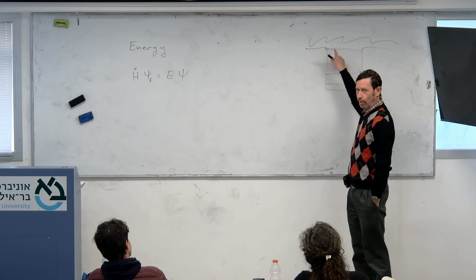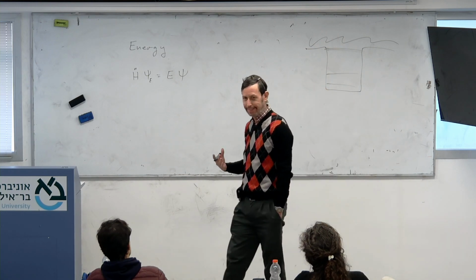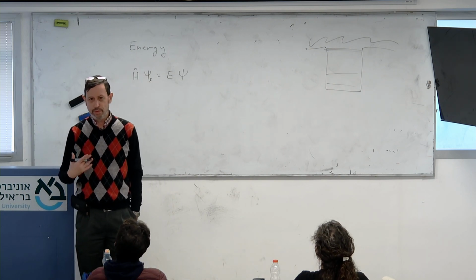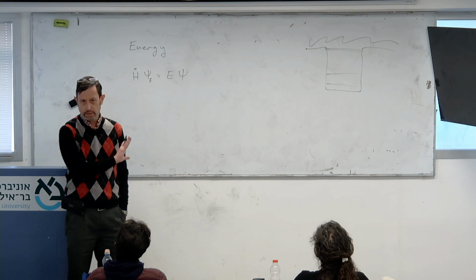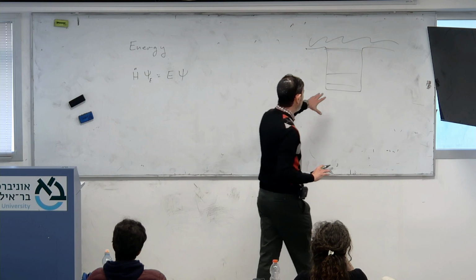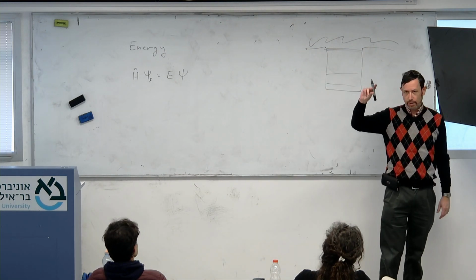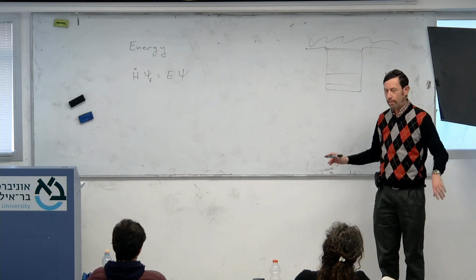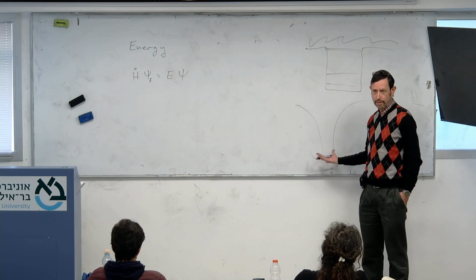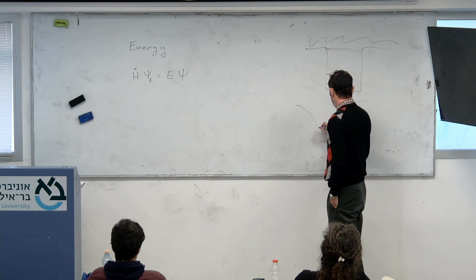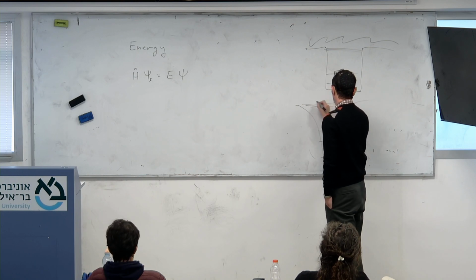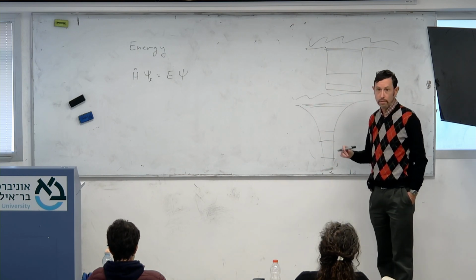So sewing together all these boundaries is mathematically not something we want to throw students to do, but the physics is very clear. This problem has discrete levels, becomes denser and denser, and then it's continuum. Same thing for the hydrogen atom, which is a Coulomb potential. Here you have discrete energies. You come to here, they become more and more dense, and here they are a continuum.